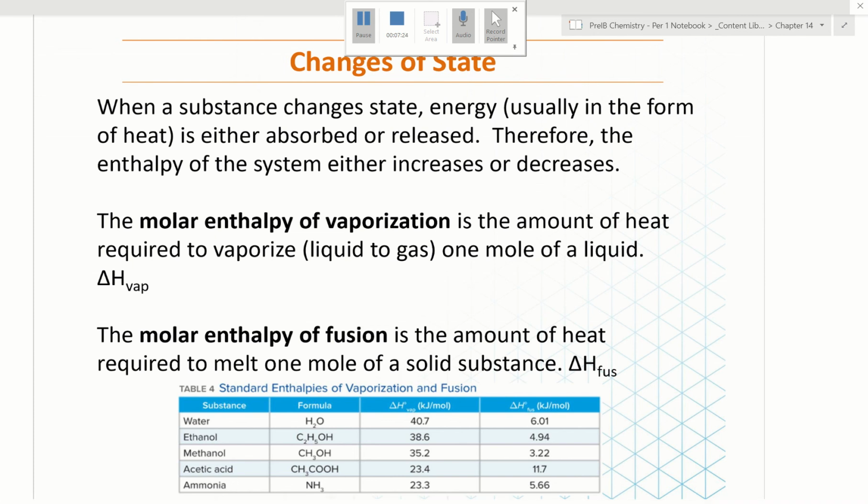The molar enthalpy of vaporization is the amount of heat required to vaporize from the liquid to the gas state 1 mole of a liquid.